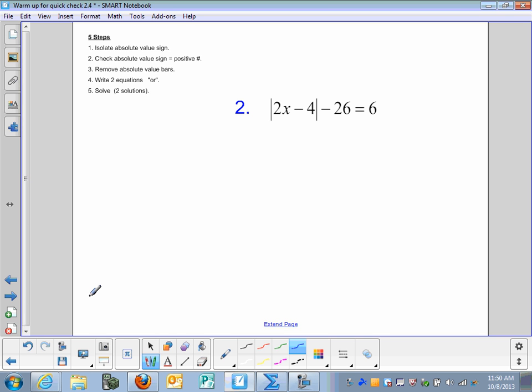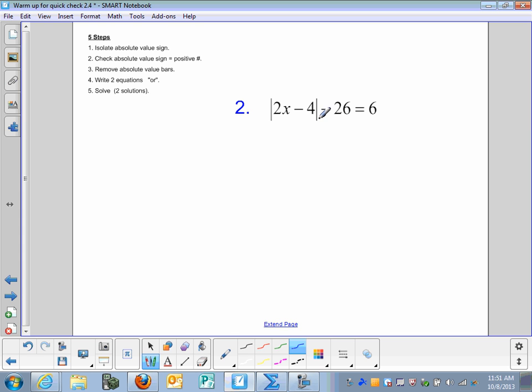Problem 2. The absolute value of 2x minus 4, minus 26, is equal to 6. So the first step is to isolate the absolute value sign. In this instance, the absolute value sign is not isolated. It has a negative 26 with it.